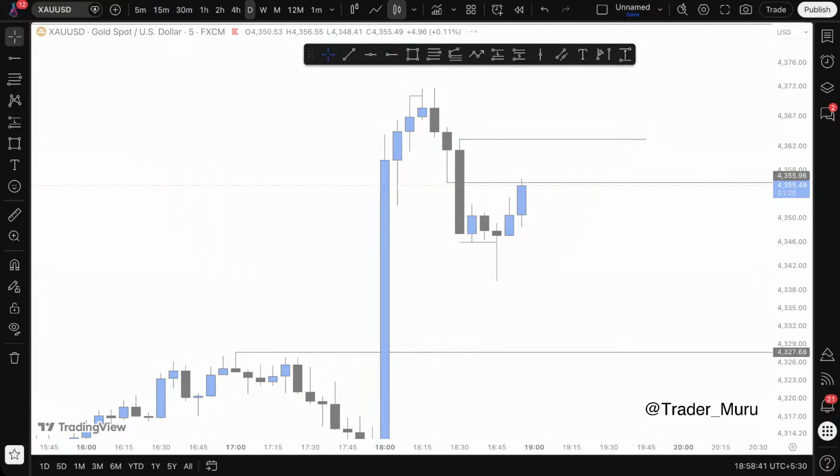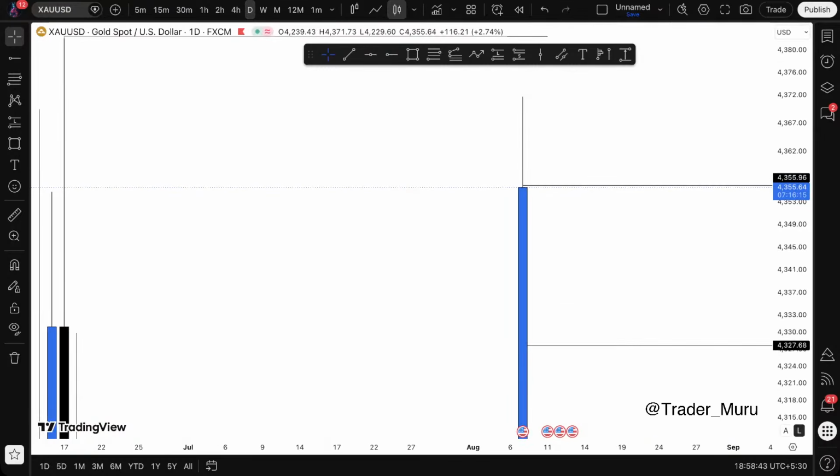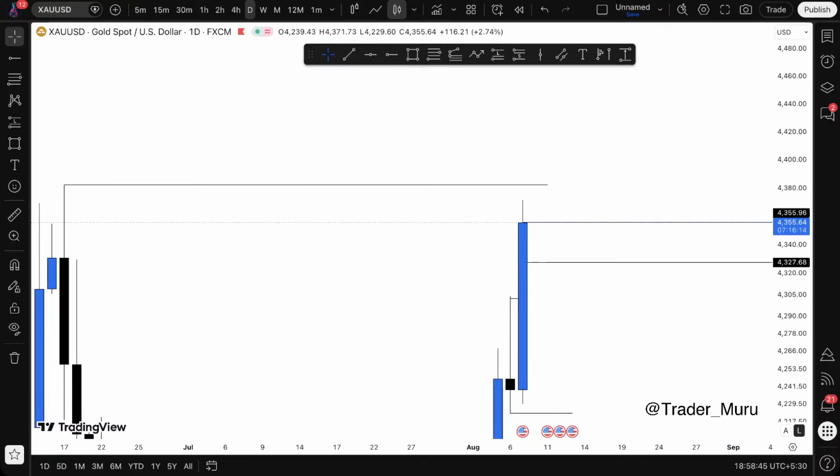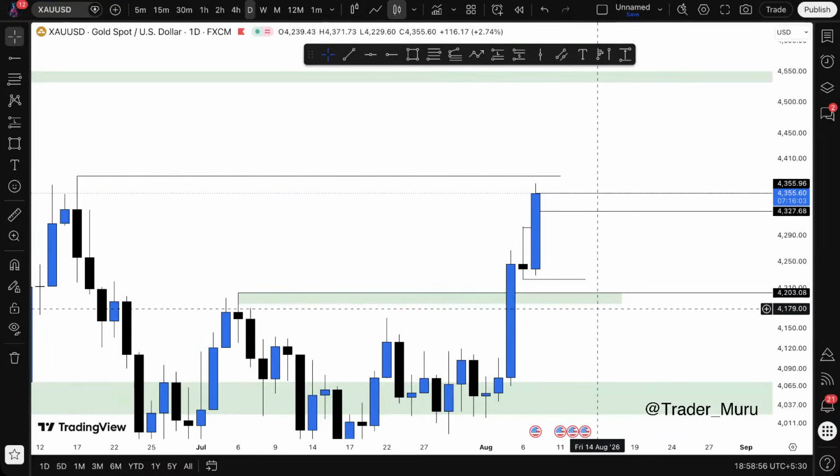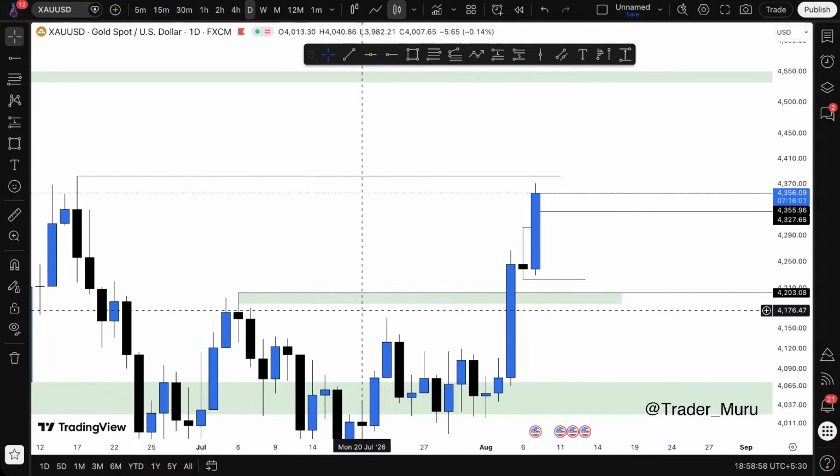This is daily time frame area, so major confirmation will be in 1 hour and 4 hour time frame. I already told you this is just a scalp before a big move, and we are still expecting price to do something like this. Test this area and again pump near 4200.